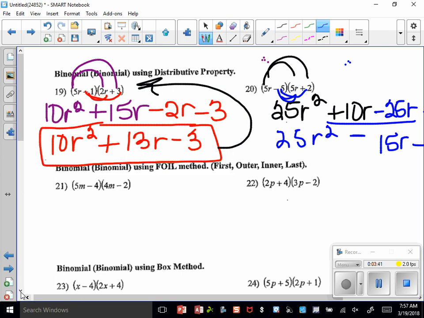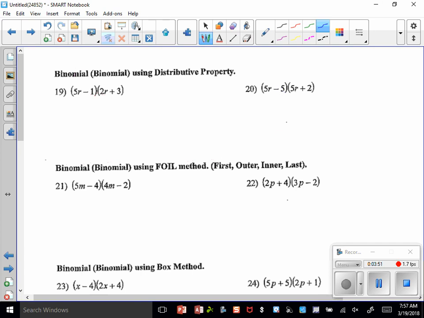Now here in the second part, you'll see something that says first, outer, inner, last. That's an acronym we use for distributing twice. So when we distribute twice, which is really what we just did, we multiplied the first terms, then we multiplied the outer terms, then we multiplied the inner terms, and then we multiplied the last terms.